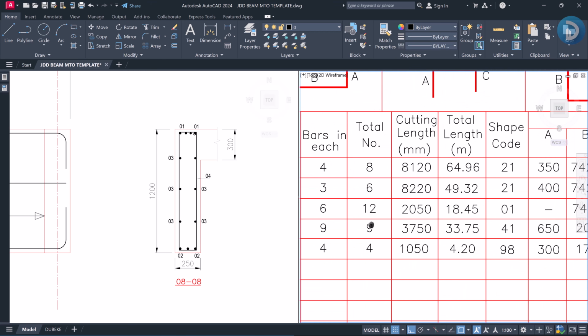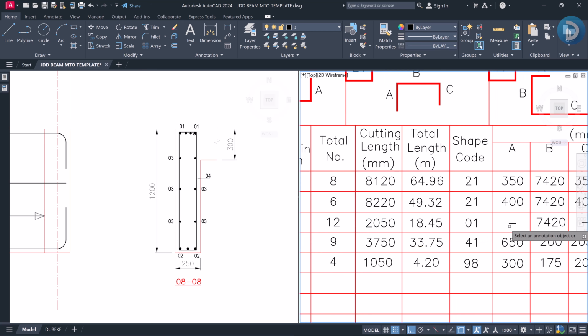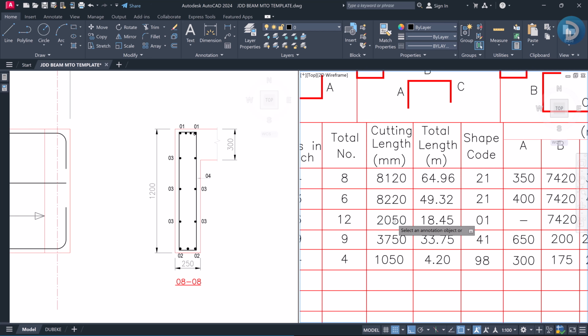Okay, so for our cut length, they just have to cut out 7.42 meters from the 16 millimeter. So the total cut length here becomes 7420.